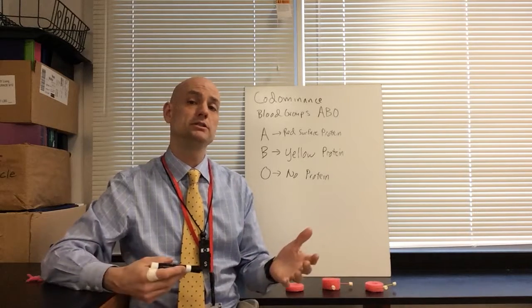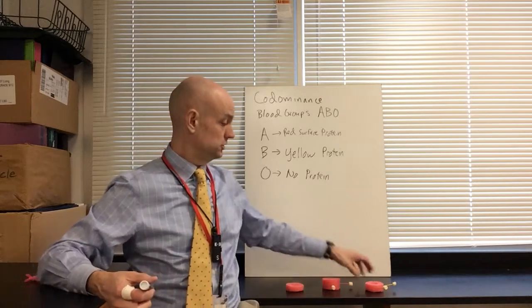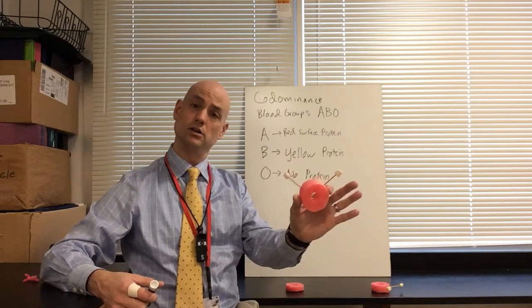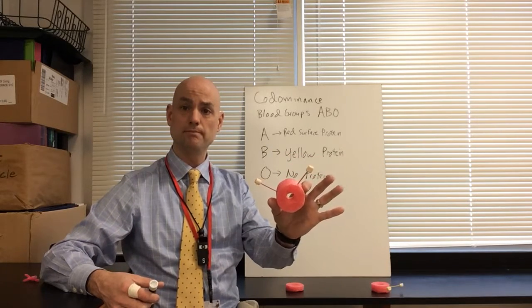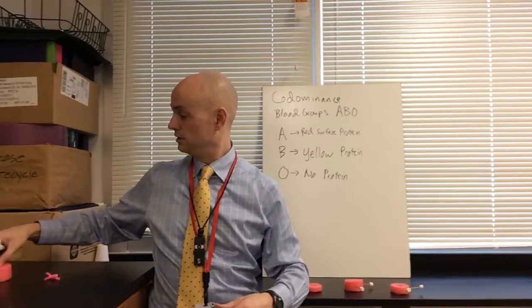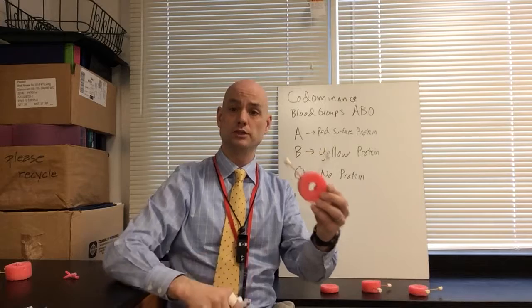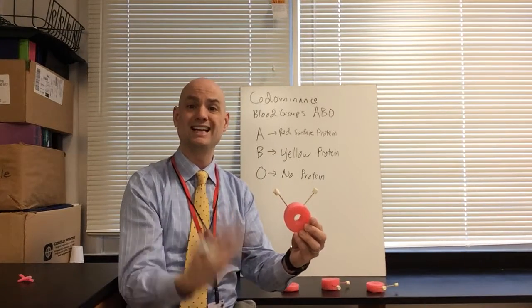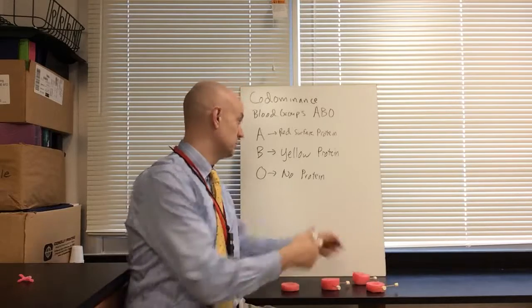What do you think AB would be? AB's got two of them, so it has both. It's got the red or pink and the yellow. So we call that AB. So AB has both.